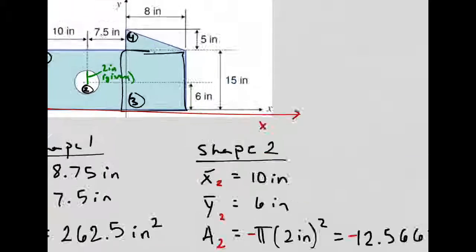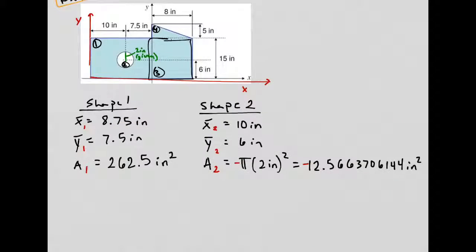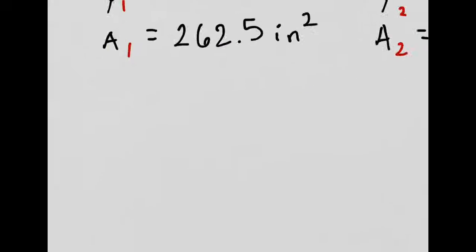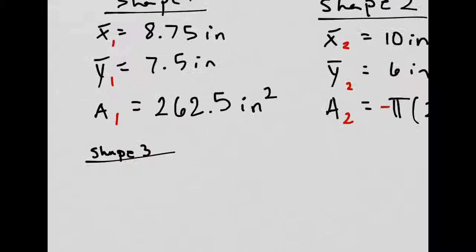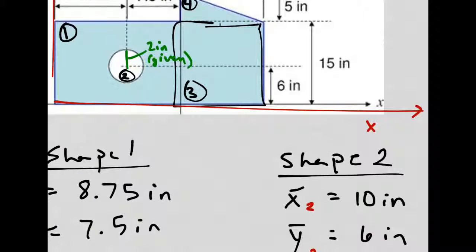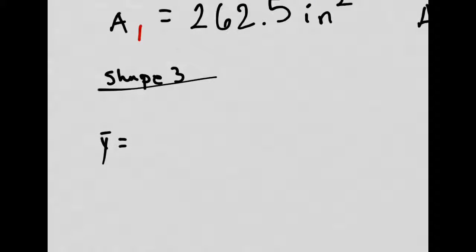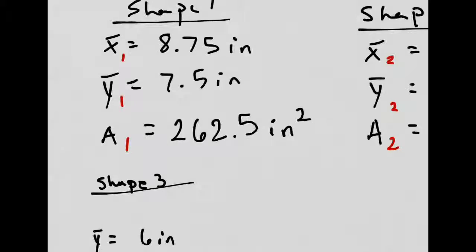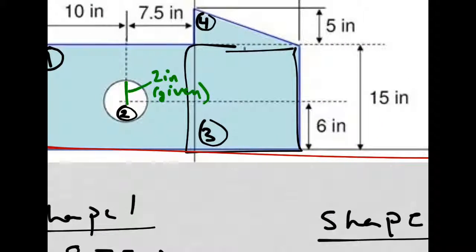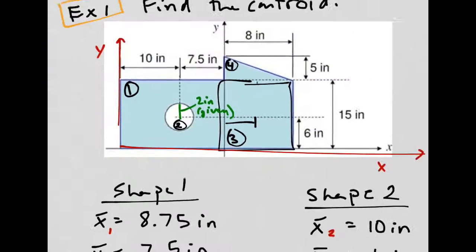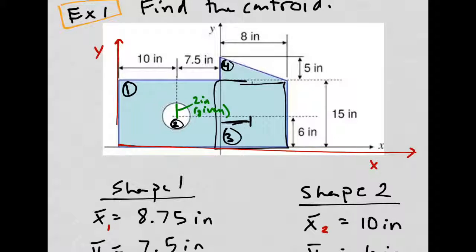And then we got this simple shape, number 3. So number 3, I'm going to do down here. Just remember, y bar is 6 inches, so that's easy. But x bar, it's not just the distance from here to here. It's the distance from here all the way to the y-axis, right?